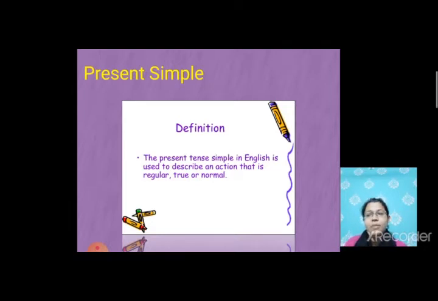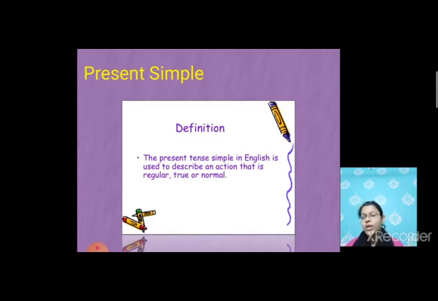For example, when you say the sun rises in the east, the sun rises daily. So here the word rises shows the present tense of the sentence. The word rises is a verb and it is in the present tense.